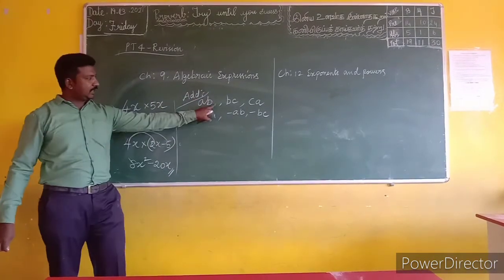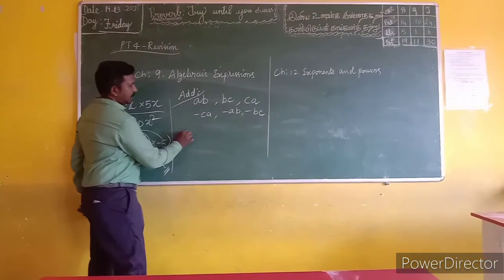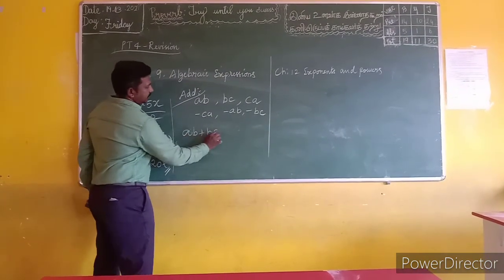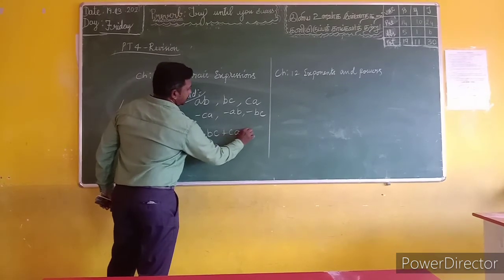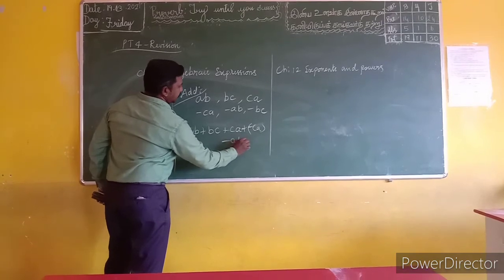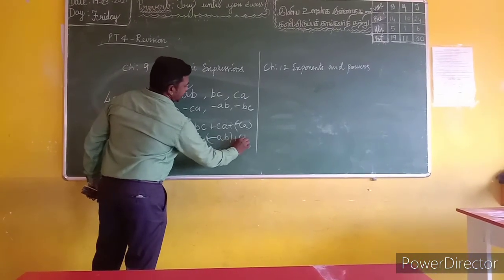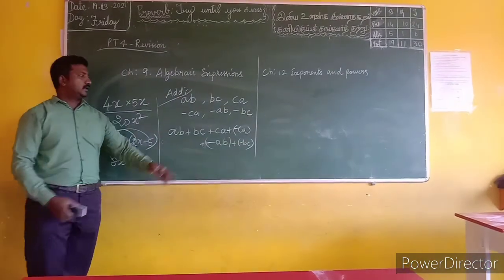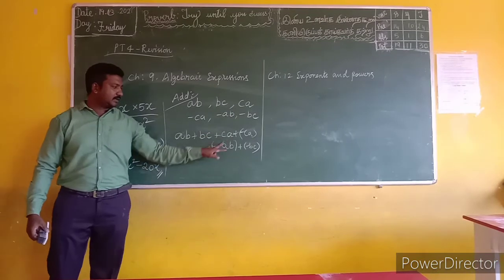So you can remove the commas and then you can put the addition symbol. So AB plus BC plus CA plus minus CA minus AB plus minus BC. See here, we have to remove the commas and you can put the symbol of addition.